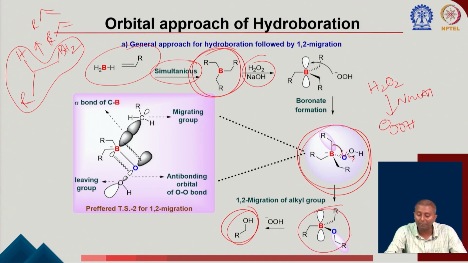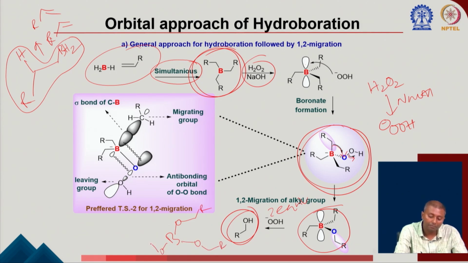That can take part with another two equivalents of hydroperoxide anion, which add here, and then finally it forms this compound, which gets hydrolyzed to form your desired product, the corresponding alcohol.